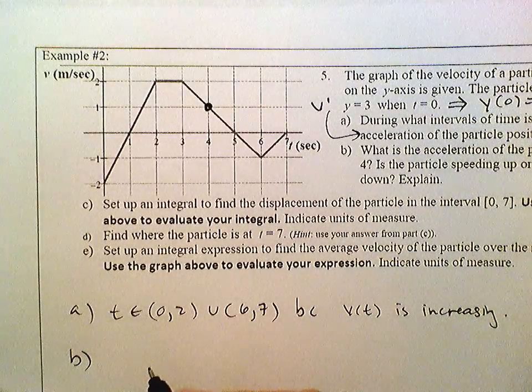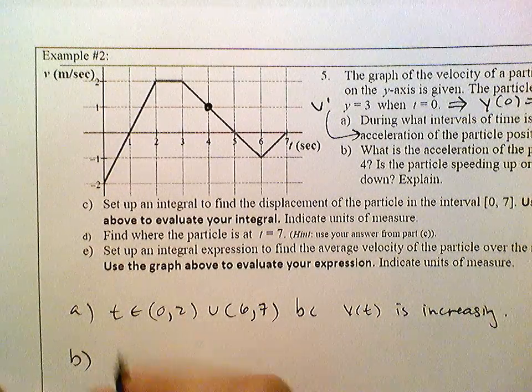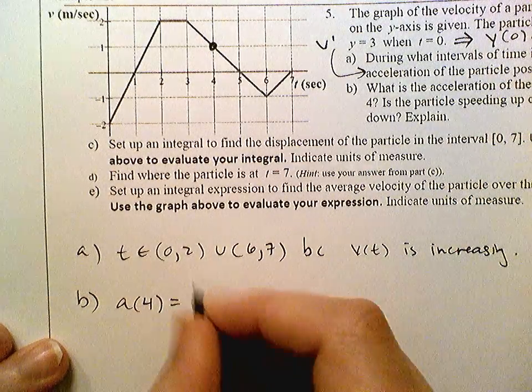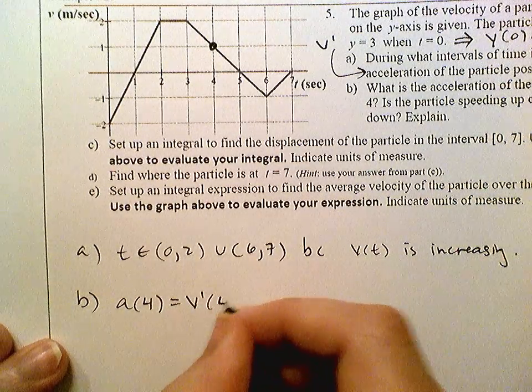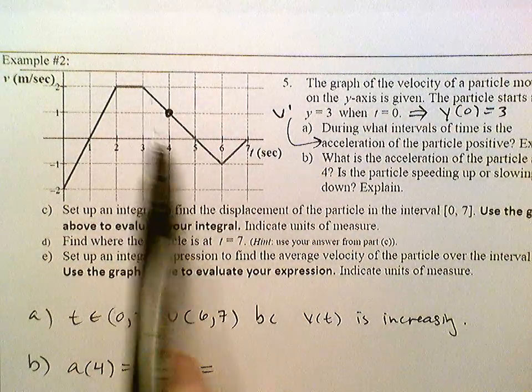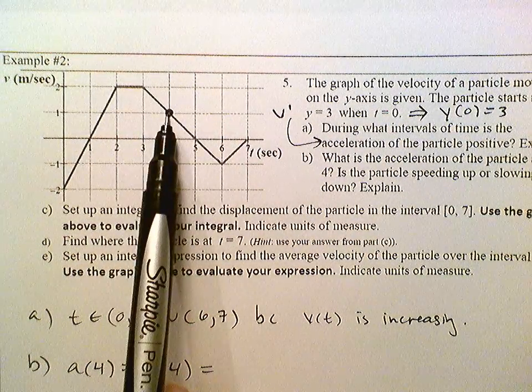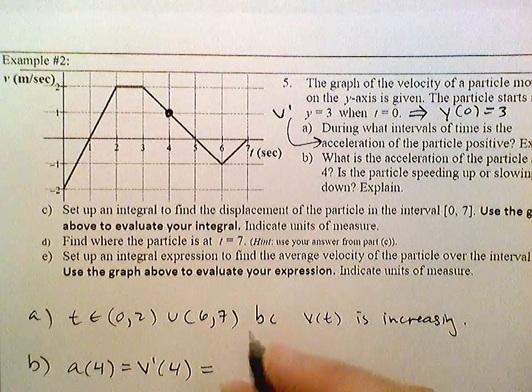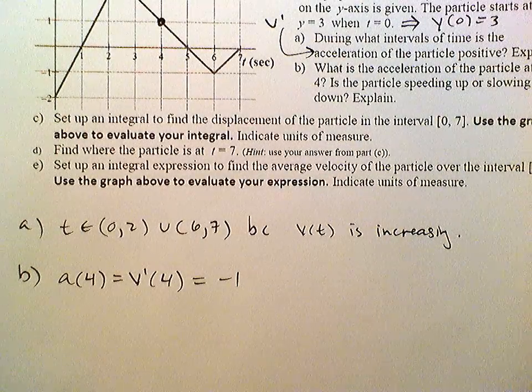So the acceleration at 4 equals v prime of 4 equals, you could just count slope, rise over run. So down 1, right 1 equals -1. All right, so that's the acceleration there.